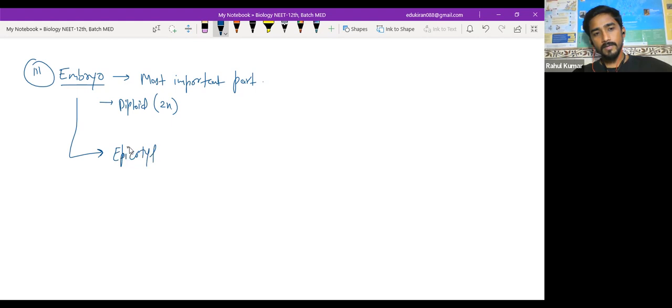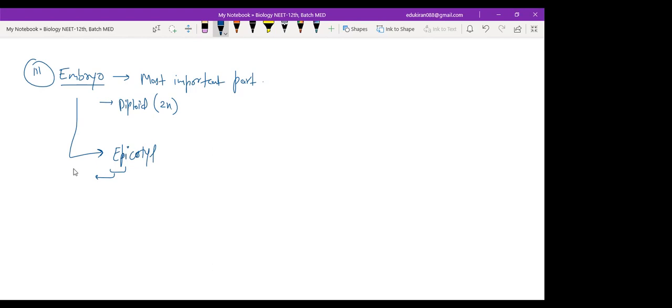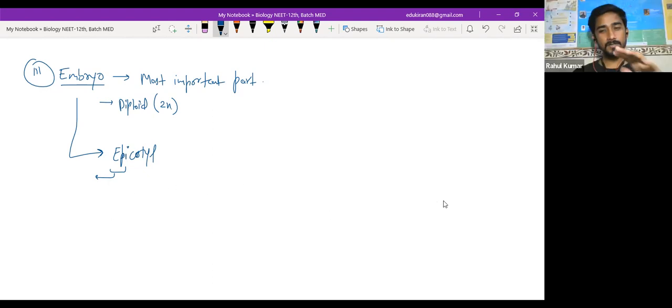Epicotyl. What does the word epi mean? Again, terminology. Anywhere in biology when the word epi comes, what does it mean? Epidermis, epigenetics. Does it mean first? You're around, but it means the outermost or on top, the topmost or above something.